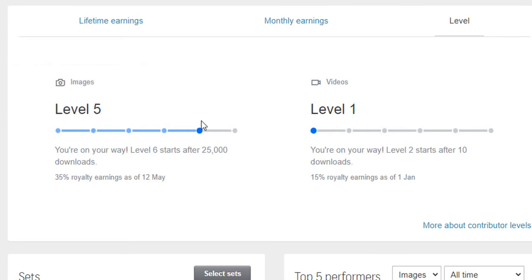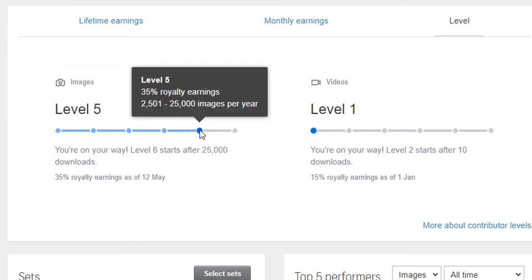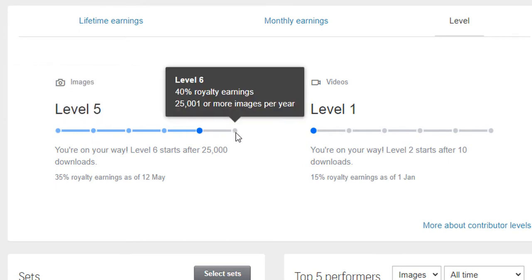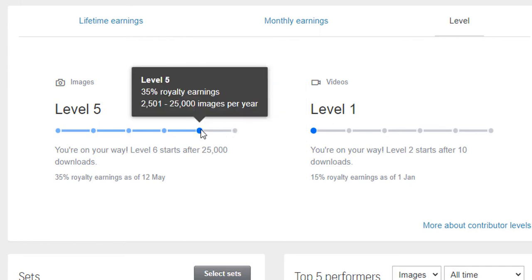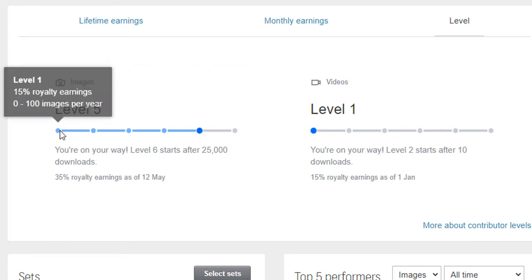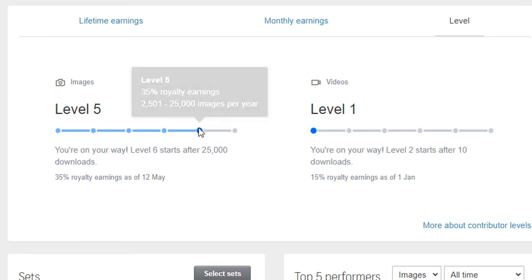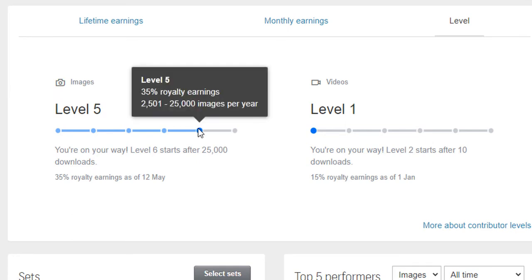So I'm at level 5, and I'm not hoping to get to level 6, because this is sort of impossible, at least in my case, with just 500 images in my portfolio. Anyway, I have reached level 5 so far. I think I reached it last month, not this month.